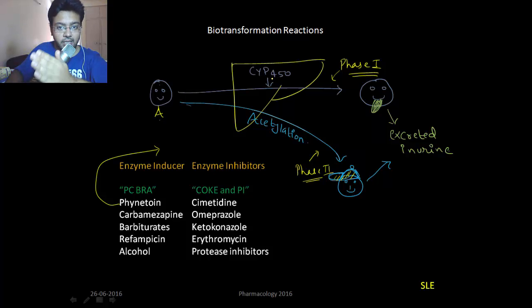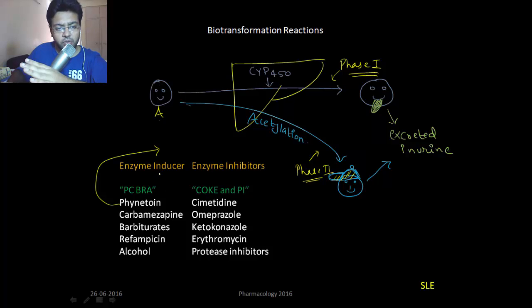Once the activity is increased, it will convert this drug into a more polar form, so drug A will be eliminated very fast. In contrast, if you give cimetidine, it will inhibit the cytochrome enzyme, and drug A will remain as it is in your blood. It won't be excreted. So phenytoin as an inducer can hasten the elimination of other drugs. Cimetidine as an inhibitor can increase the toxicity of other drugs.